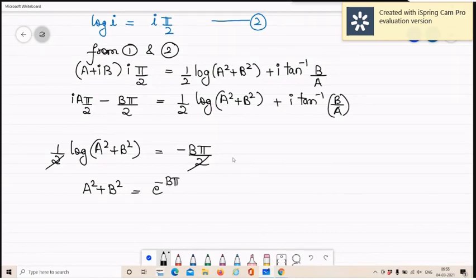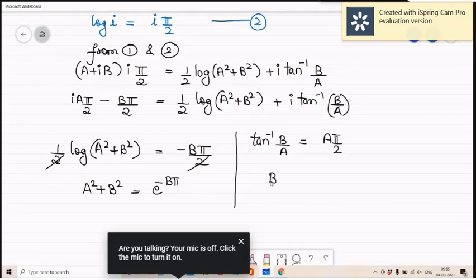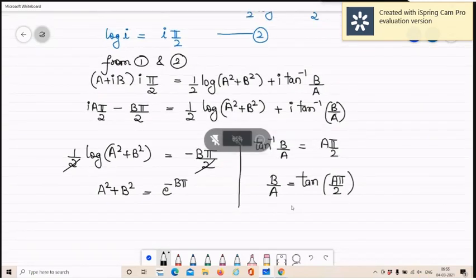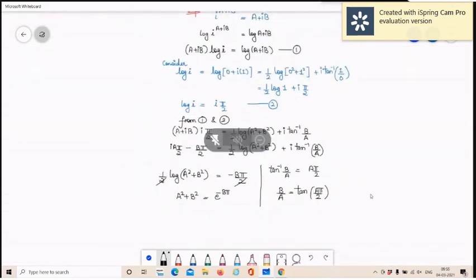This is when you equate the real part. Now the imaginary part: tan inverse of b by a is equal to a pi by 2. So from here, b by a is equal to tan of a pi by 2. I will zoom out because this is what we had to prove.